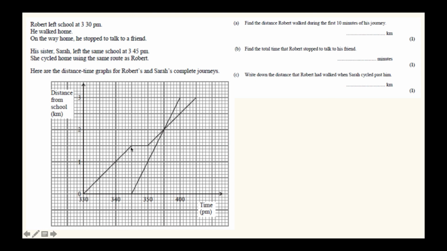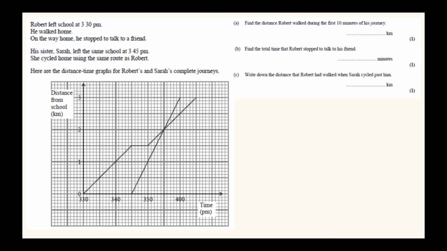He walked home, and on the way he stopped to talk to a friend, and then he carried on walking home. His sister Sarah left the same school, but at 3:45 p.m. over here. She cycled home using the same route as Robert, and you can see her line just going straight up there. Here are the distance time graphs for Robert's and Sarah's complete journeys.